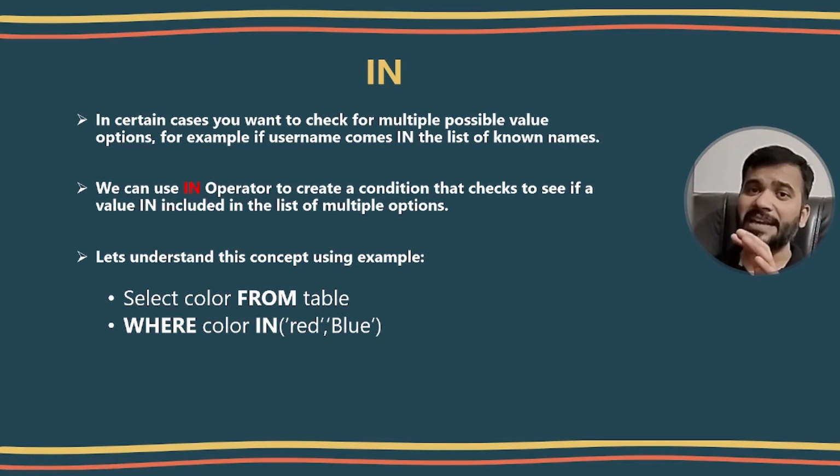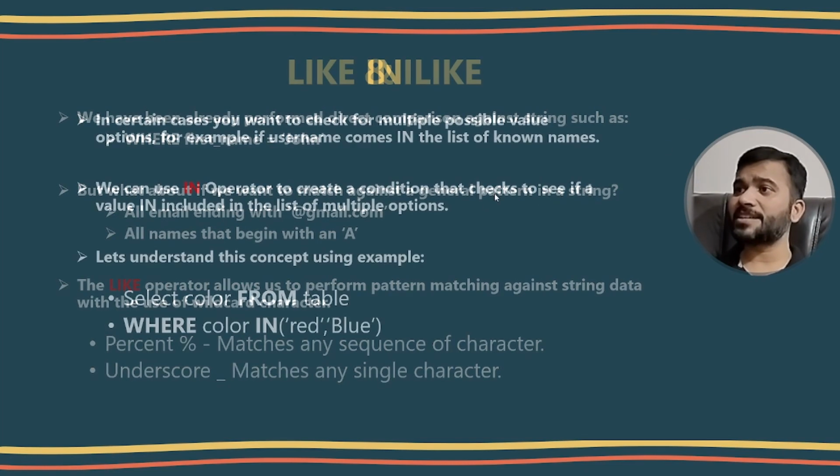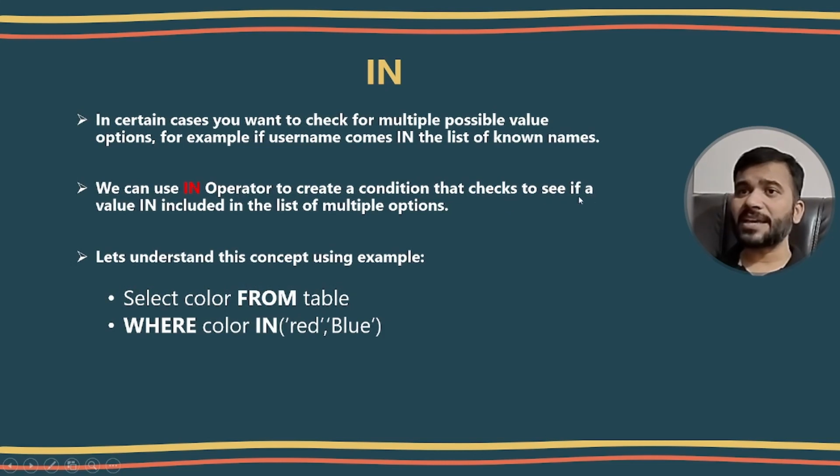If you have that type of scenario, then you have to use IN. We can use the IN operator to create a condition that checks to see if a value is included in a list of multiple options. Already explained that. Let's understand the concept using an example.